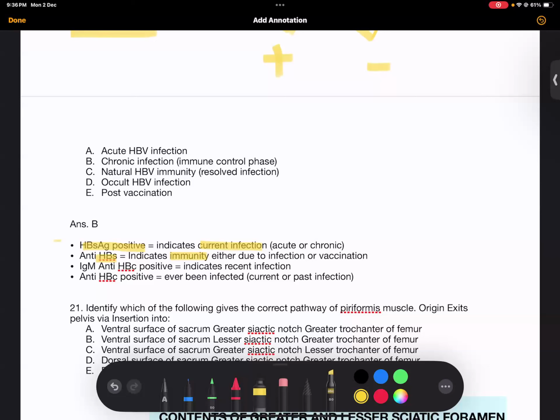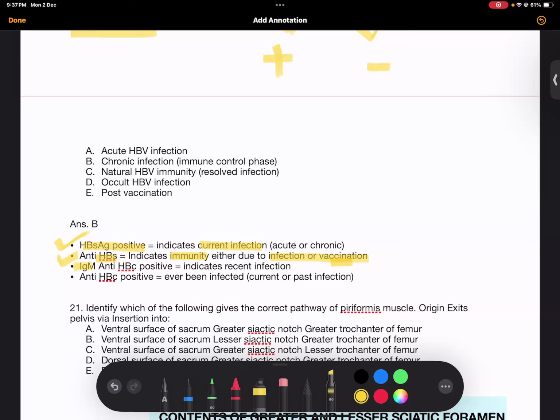Whenever the surface antigen is positive, it means there is a current infection, and whenever this is negative and anti-HBs is positive, it means you are now immune, either due to the previous infection, after which you are immune, or due to some vaccination. Okay, so these two things are your clue for selecting the option.